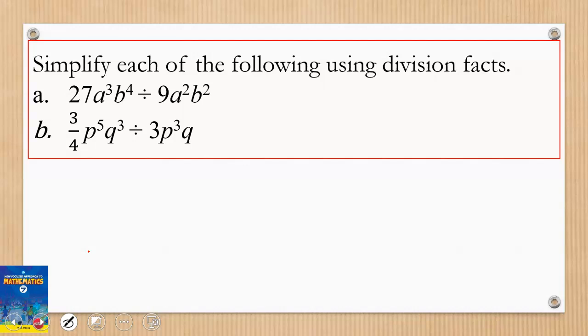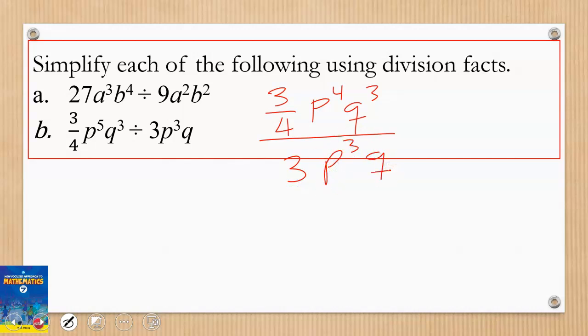Now let's try the second example. We have 3/4 p exponent 4 q exponent 3 divided by 3p exponent 3 q. With the coefficients, we have 3 divided by 4, also divided by 3. So we know how to deal with division of a fraction by a whole number. We can write this as 3 on 4 times 1 on 3.